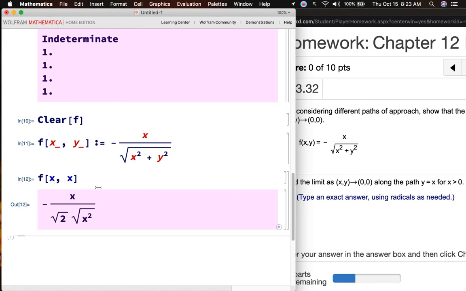We know that the square root of x squared is equal to x. However, that's only true if x is a real number.